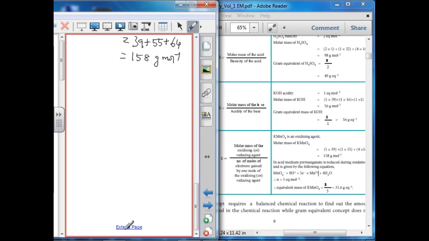Next we are going to calculate the number of electrons accepted. In acidic medium, MnO4 minus plus 8H plus plus 5e minus gives Mn2 plus plus 4H2O.